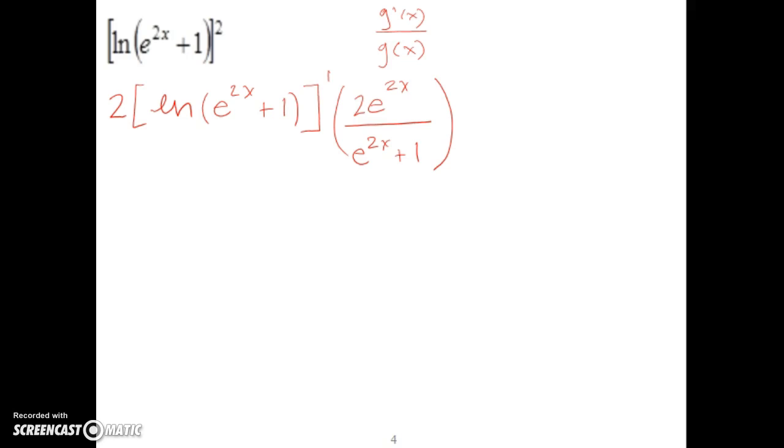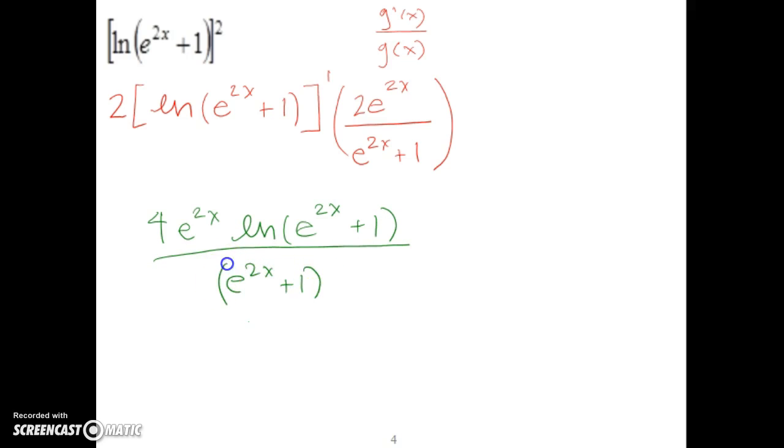We're going to have 2 times 2, so we'll have 4 e to the 2x natural log e to the 2x plus 1, and then in our denominator we're going to have e to the 2x plus 1. And that looks like about as far as we can simplify. Do you see that we have e to the 2x plus 1 in 2 places, but this one is inside a natural log? So since it's inside a natural log, you can't cancel it with the 1 in the denominator.